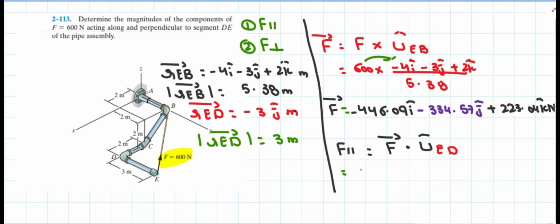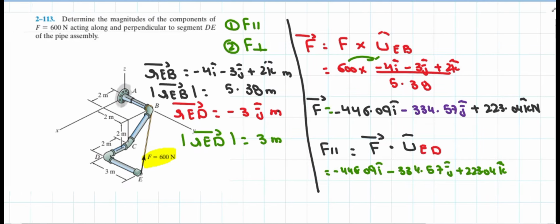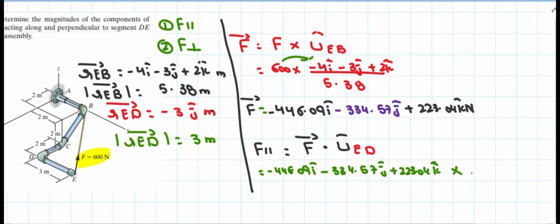We know that the Cartesian form of force F is equal to negative 446.09 i cap, negative 334.57 j cap, positive 223.04 k cap, multiplied by the r_ED position vector, which is negative 3j cap divided by its magnitude, that is 3.